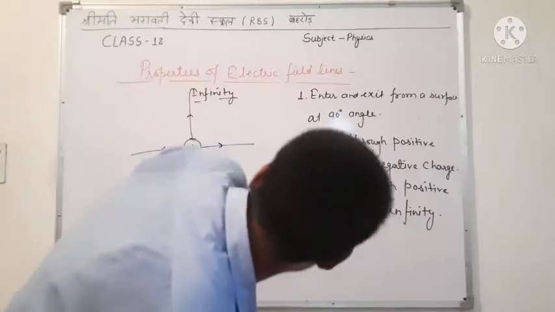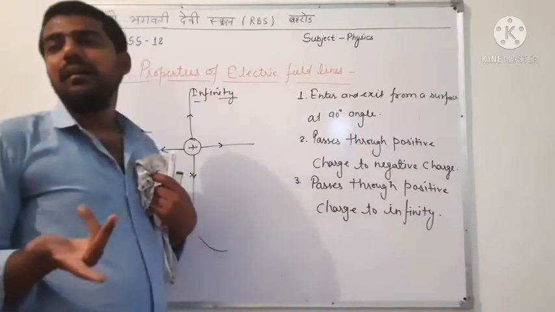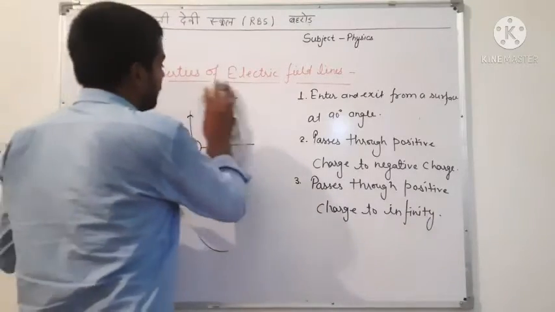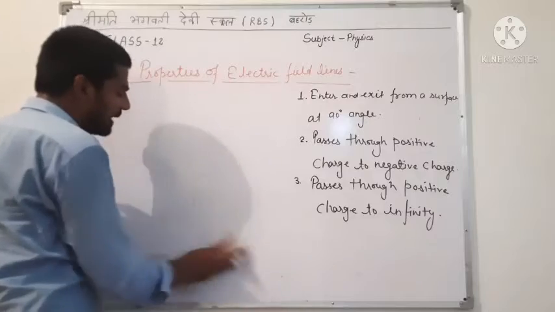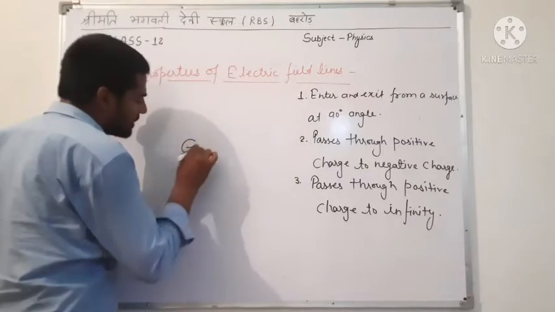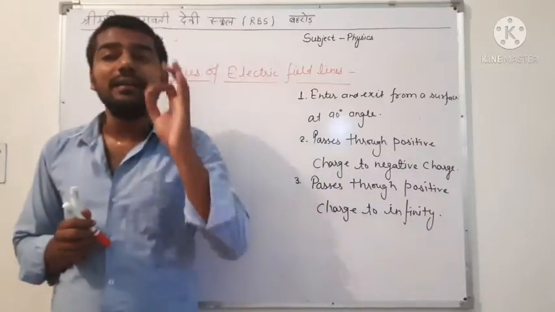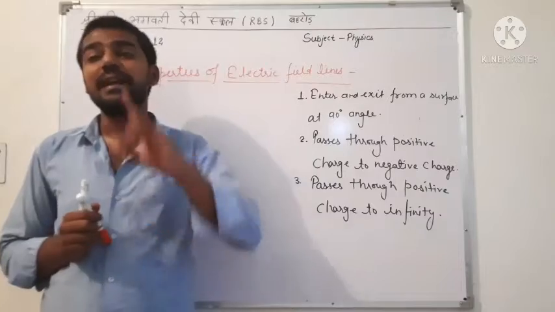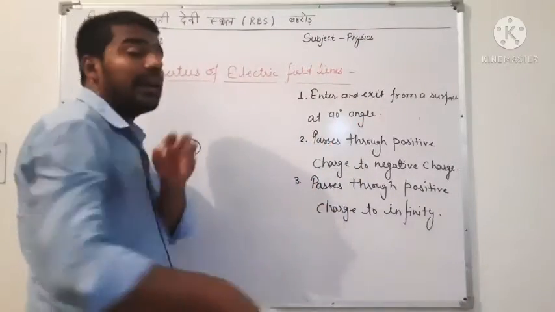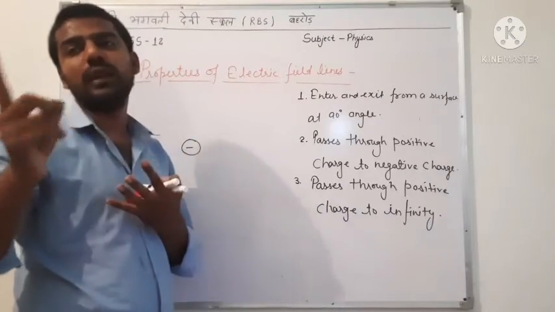Our fourth property is, if we have only a negative charge, then the electric field lines enter at the negative charge and exit at the positive charge, means electric field lines flow from positive charge to negative charge.